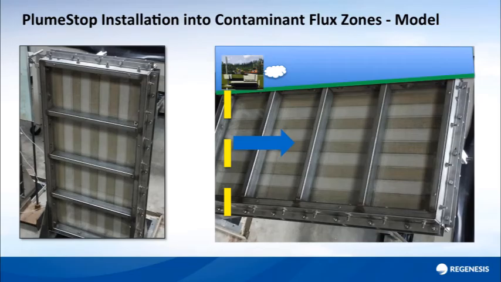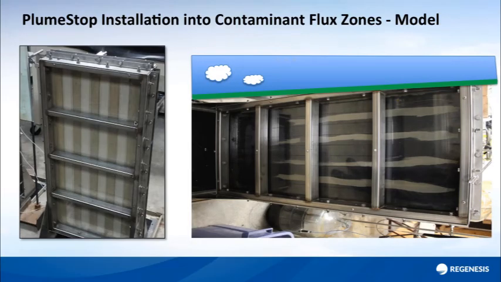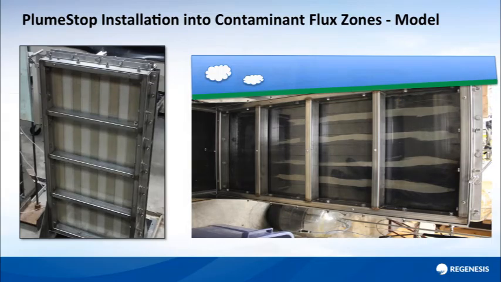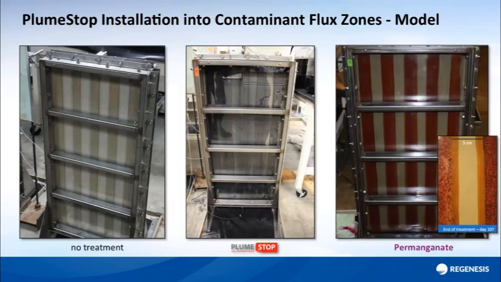Then we progressively fill the high perm zones with PlumeStop, as you can see. But a remarkable amount starts to penetrate into the lower perm formation as well, as you can see here. That's basically then a model of the sketch that we looked at earlier. What I think is particularly remarkable about this is that over time the PlumeStop crept further and further through the low permeable zone, and by way of yardstick, this is how well permanganate performed in the same setting, in the same setup, with the same material.